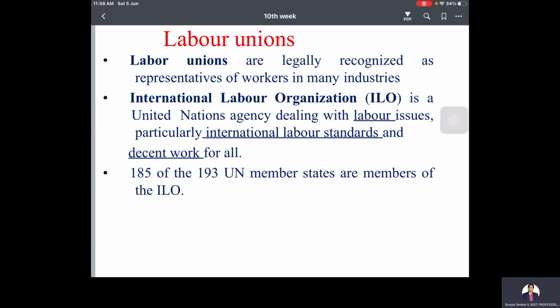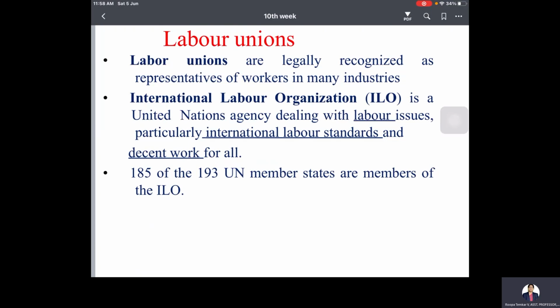The ITUC's primary mission is the promotion and defense of workers' rights and interests through international cooperation between trade unions, global campaigning, and advocacy within the major global institutions.